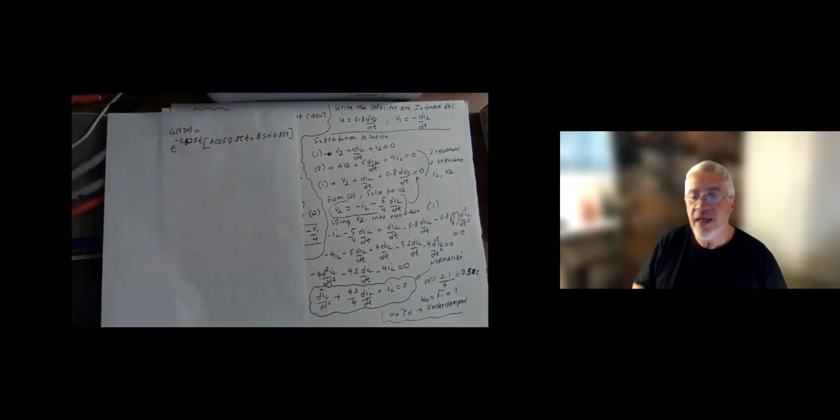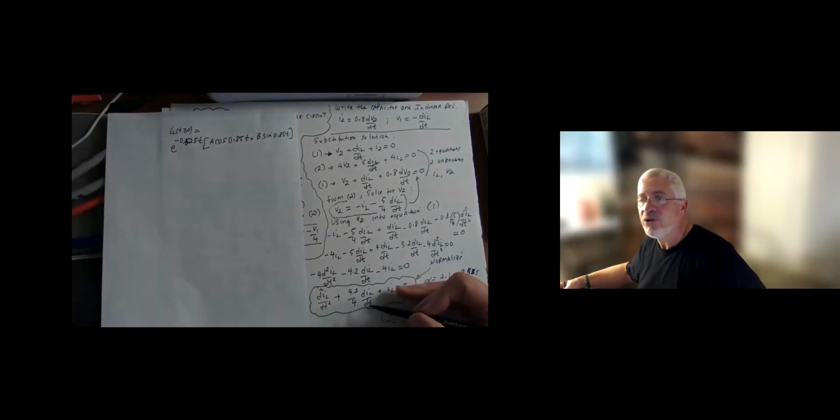Okay. So that's the solution for IL of t, straight from this, looking at essentially the case where omega n is larger than alpha.